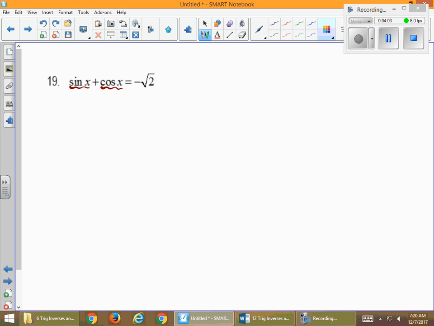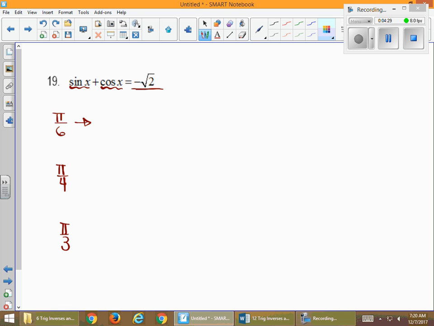I also know if I'm adding sine and cosine to radical 2 or to negative radical 2, none of my quadrantals are going to work. So I know like 0 and 1, 1 and 0, those combinations are totally not going to work for us. So I'm just going to start with my first quadrant angles and see which one I can make start to work for me.